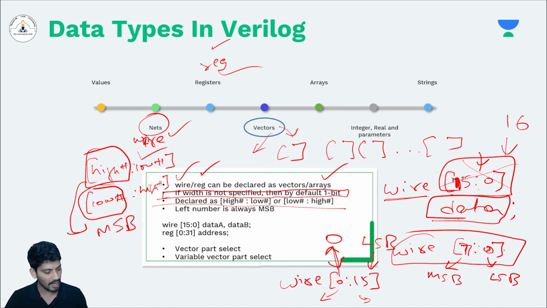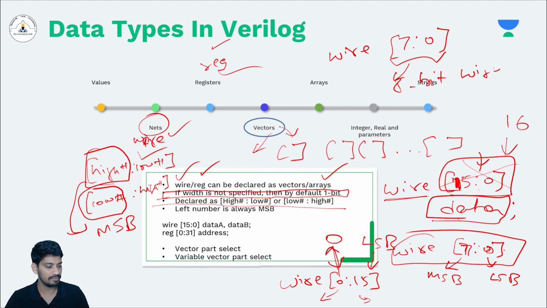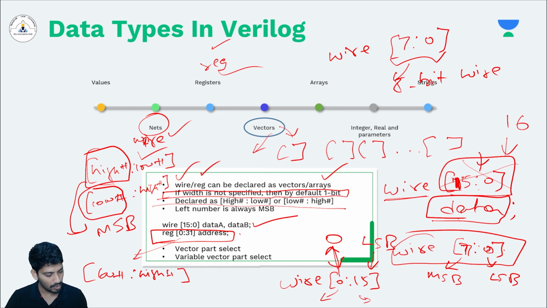While writing, just count like this: wire 7 down to 0 means an 8-bit vector wire. That is how you can define wires, and you can define registers also. In this case, as I told, this is a low number to high number case. It is a 32-bit address register which has the MSB at 0.